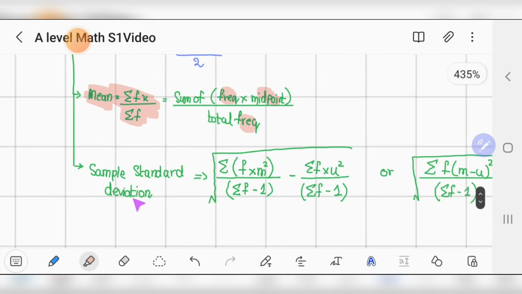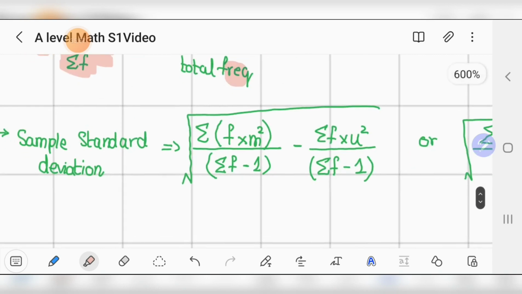And this is the sample standard deviation. Like I told you from the start, there are two types of standard deviation. The first one was the whole population standard deviation, and this is the sample standard deviation, which is a little bit different. It's always used when making an estimate. The only difference is that you put -1 here and -1 here.